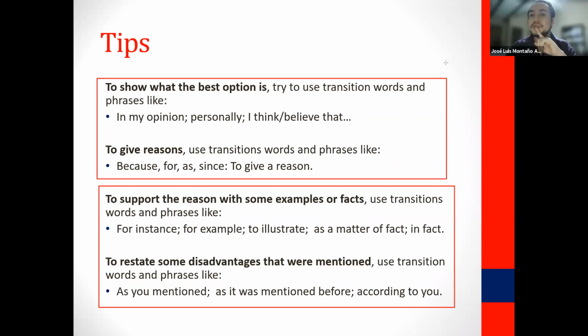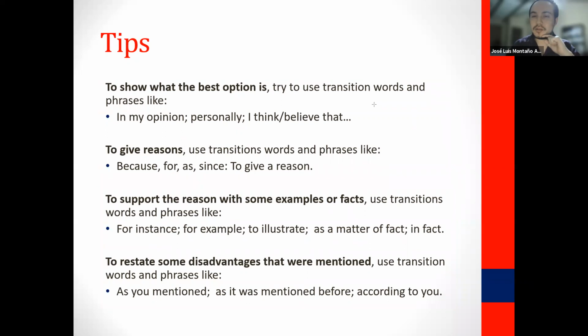Thank you very much. That's very important, because you're going to use the examiner's words. So you have to say, as you mentioned, or as you said, related to the inconveniences or disadvantages, this and that, and you have to mention that, of course.